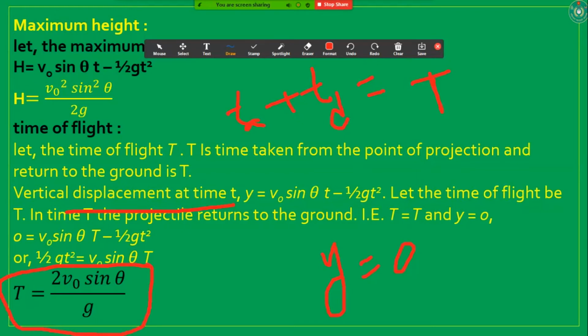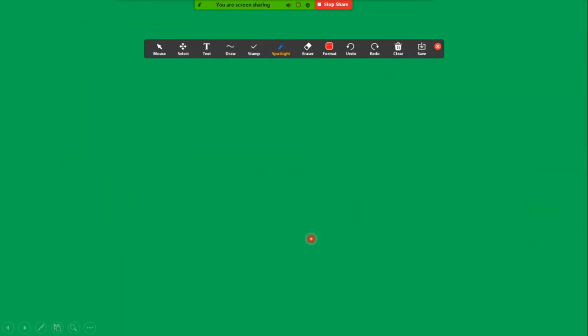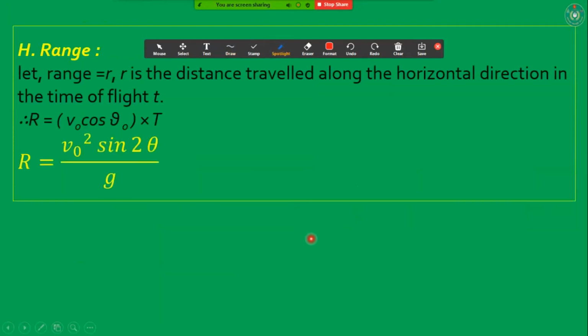Okay, this is our most important equation for mathematical calculation. So you should try your level best to remember this equation. Horizontal range means the distance covered by the projectile along the x-axis.